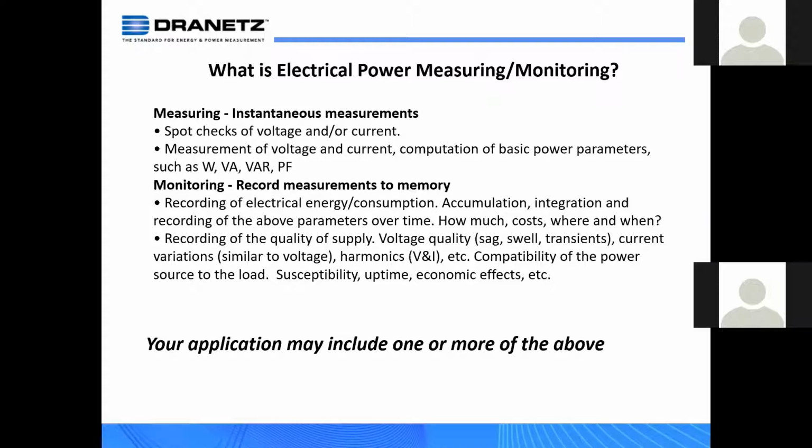The difference again is monitoring: those same tools have a form of memory in them. Various tools have different capabilities, but from an energy perspective, it's the recording of that information over time. So you can record electrical energy and consumption. That's the accumulation, the integration over time of those parameters.